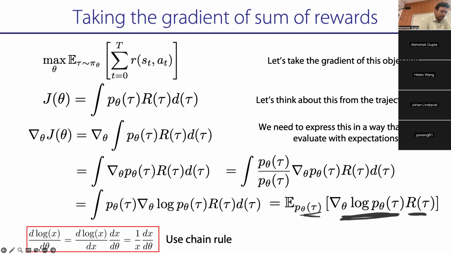So the easiest way to think of this is you sample a bunch of trajectories, and then you increase the likelihood of those trajectories proportional to the reward of each of those trajectories. Whichever trajectories are higher reward, you will increase the likelihood of those occurring. Whichever trajectories are lower reward, you'll decrease the likelihood.